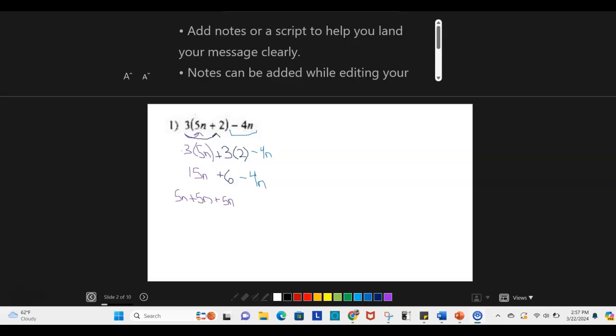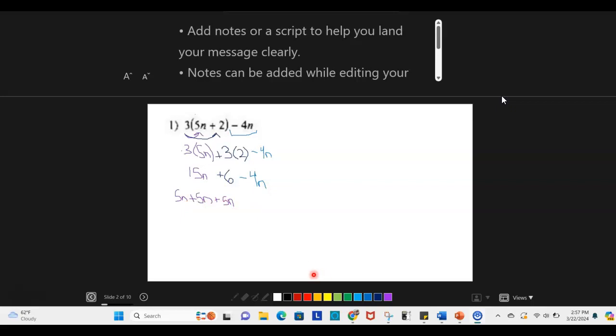Now you will notice that I have 2 like terms here. I have the 15n minus the 4n. So basically what I have here is 5n plus 5n plus 5n minus 4n.